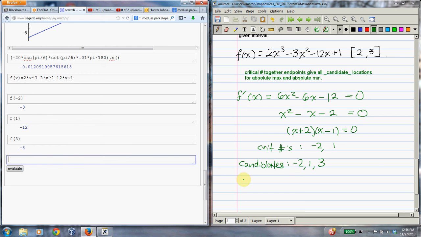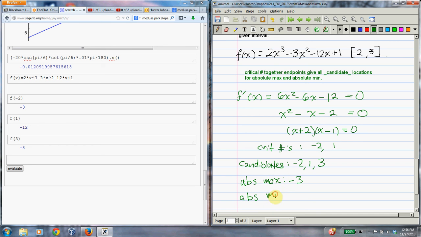Okay, so the biggest number that came up is -3. So the absolute max, now Windows has decided to start being weird, the absolute max is -3, and the absolute min on this interval is -12.